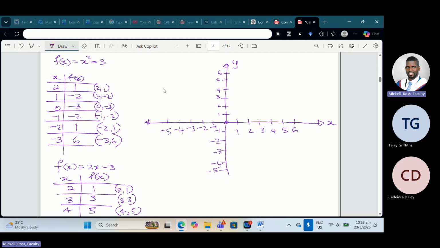All right. So to draw this graph, remember this is when x is less than 2, and this is when x is greater than or equal to 2. Now, because it says x is less than 2, x cannot be 2. So where you have this point, you're going to use an open bubble.